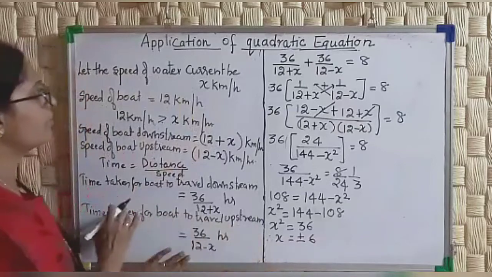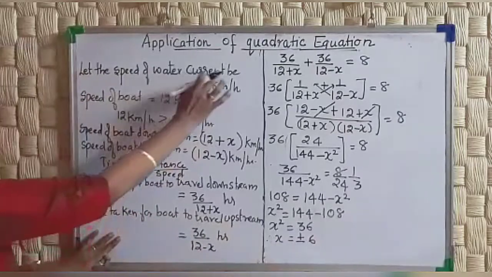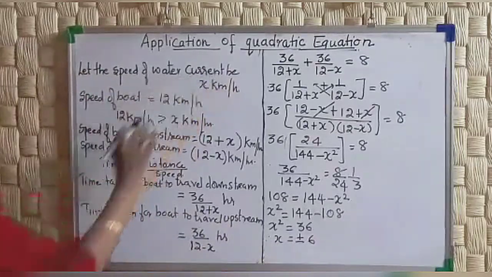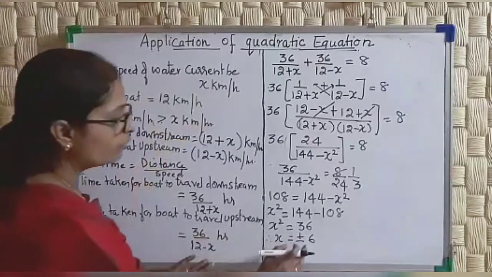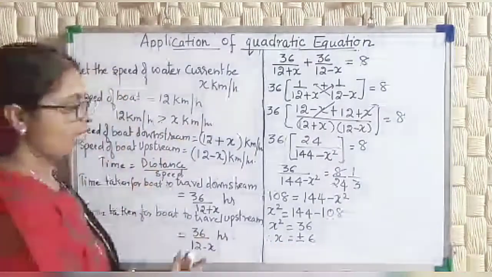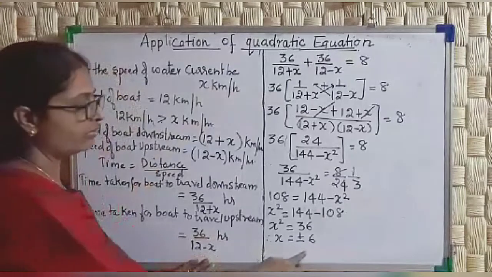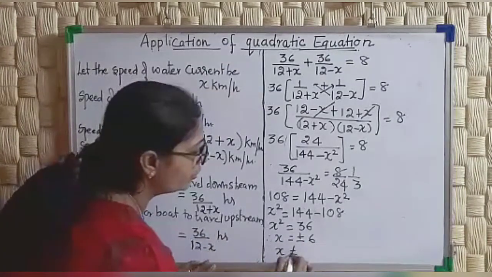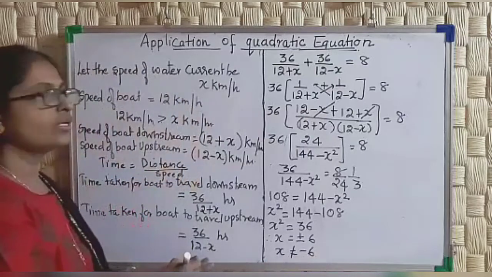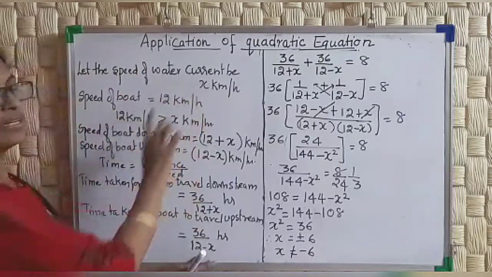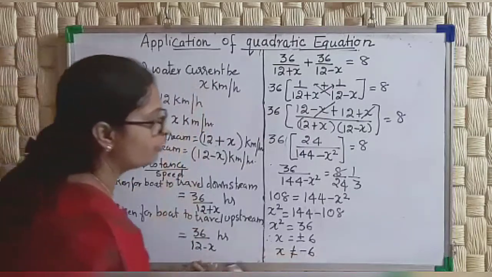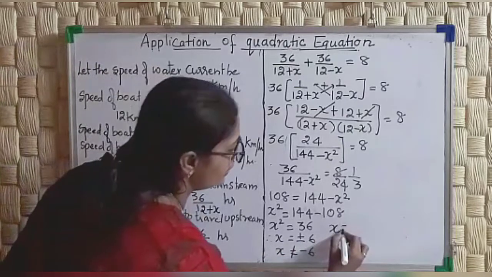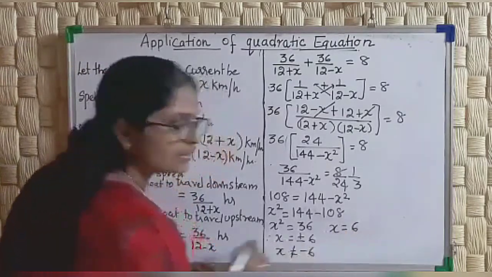Now x is nothing but the speed of the water current. So we have got two values of x. One is a positive value, another one is a negative value. Now x cannot be equal to minus 6 because the speed of the water current cannot be negative. Therefore, we will have to consider x is equal to 6.